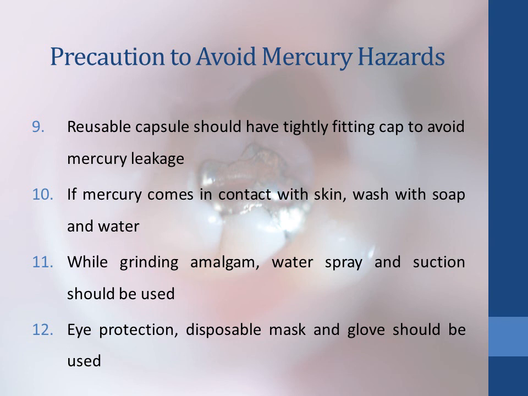While grinding or finishing and polishing amalgam, water spray and suction should be used within the patient's mouth, so that again the risk of mercury exposure is minimized. And eye protection, a disposable mask, and gloves should always be used. So these are the precautions that, as a dentist, you should take. It is your responsibility to minimize the mercury hazards, not only for yourself but for the patient as well as your dental staff.